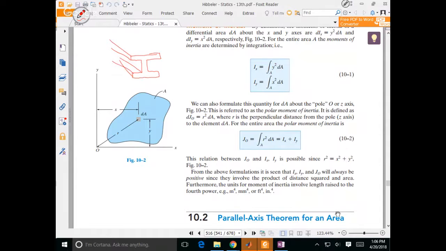Oh well, anyway, not exactly a good artist, but what'll happen is if you look at that from the side view, it looks like this. If you put a moment on it, that's essentially like saying I have a linearly distributed load, looks like this.